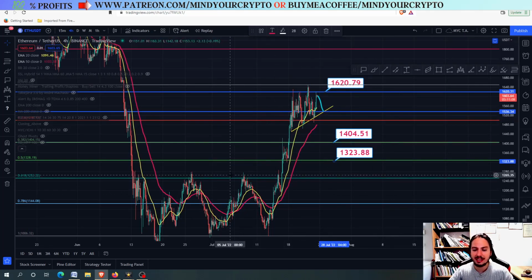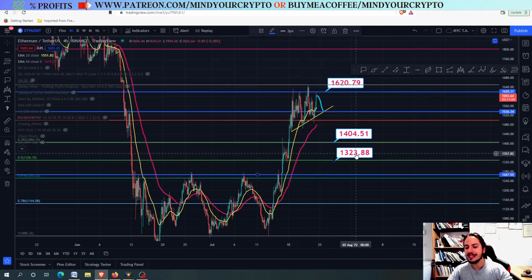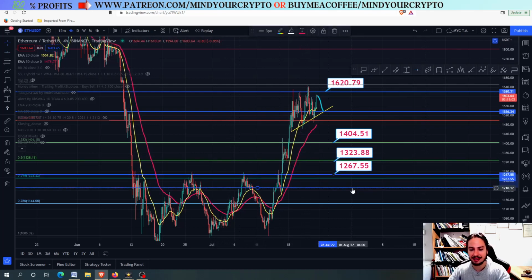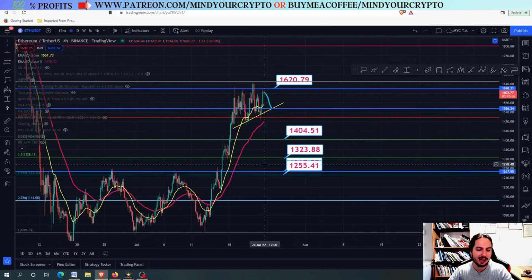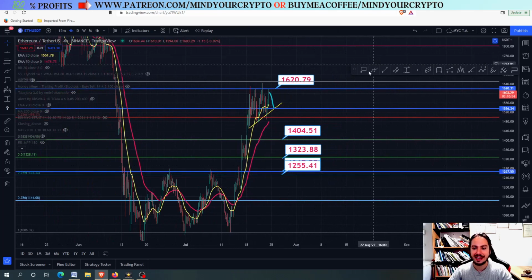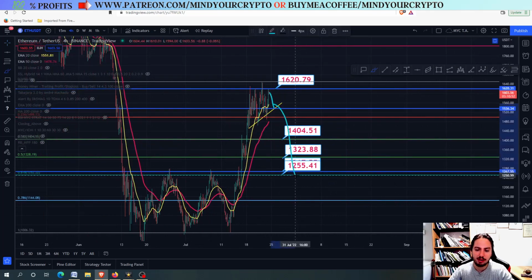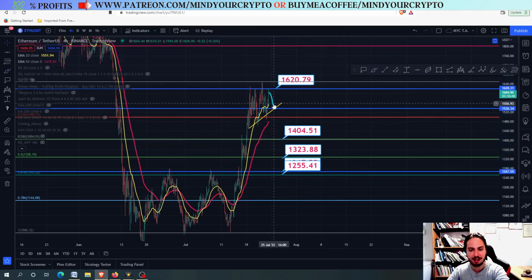Okay, so right here, the most important support level of all is for Ethereum, these lines right there. Okay, the 1.267 to 1.255. If we can manage to hold these lines, then I believe that we should be going down here and eventually have a huge buying pressure, maybe going even higher.